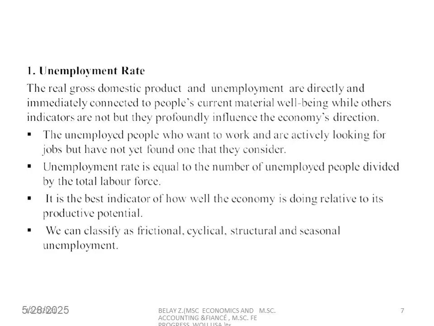In this way, real GDP and unemployment are directly and immediately connected to people's current material well-being, while other economic indicators are not, but they profoundly influence the economy's direction.